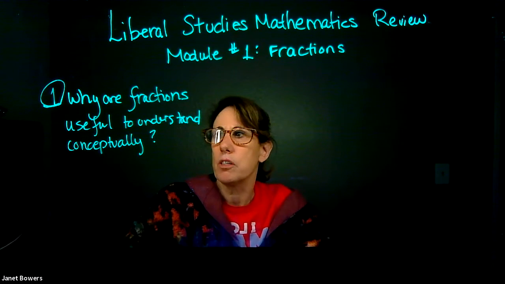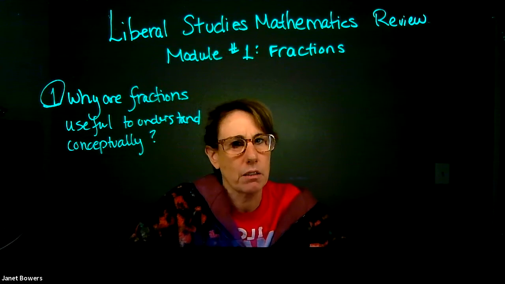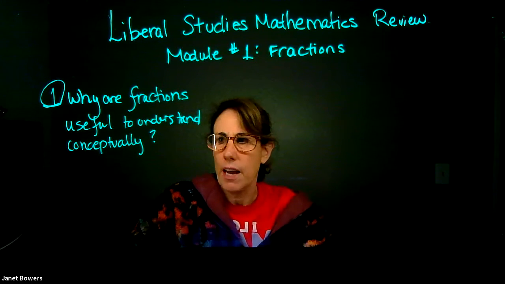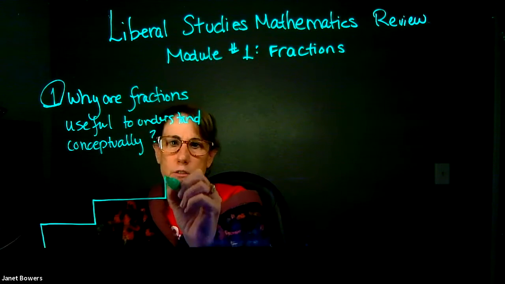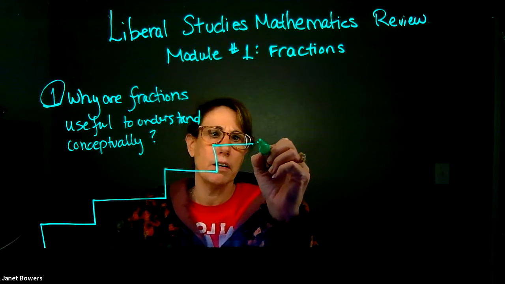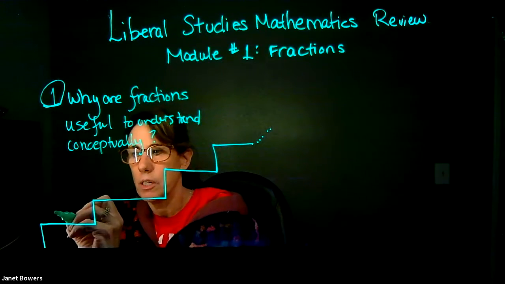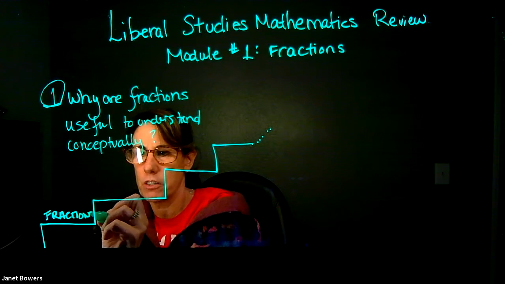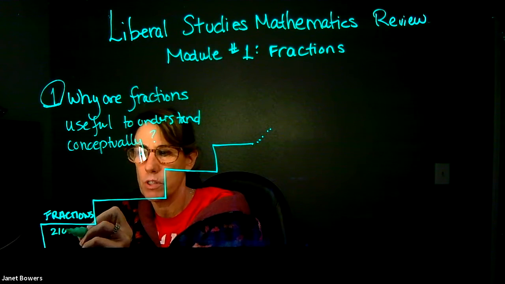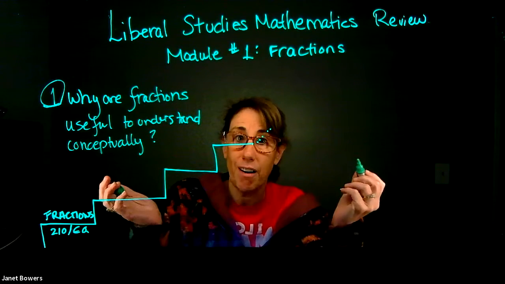A second part of this question is, why are they useful to me as a liberal studies student? At one level, we can imagine a stair stepper kind of pattern that's just going to keep going up and up and up. We can start off with fractions, the fractions that you learned in Math 210 or its equivalent at a community college.